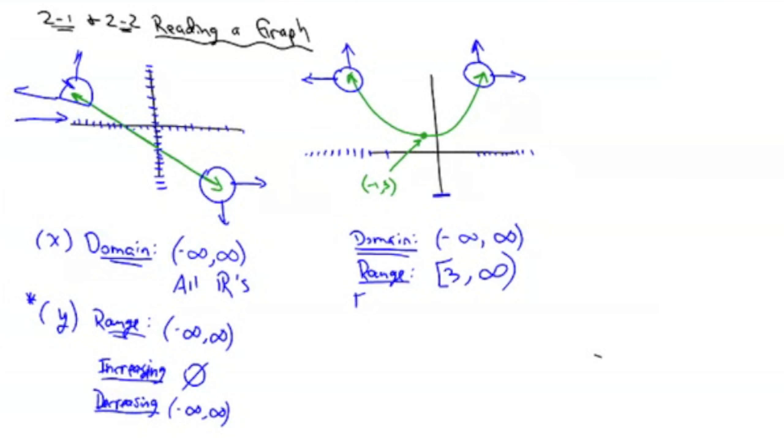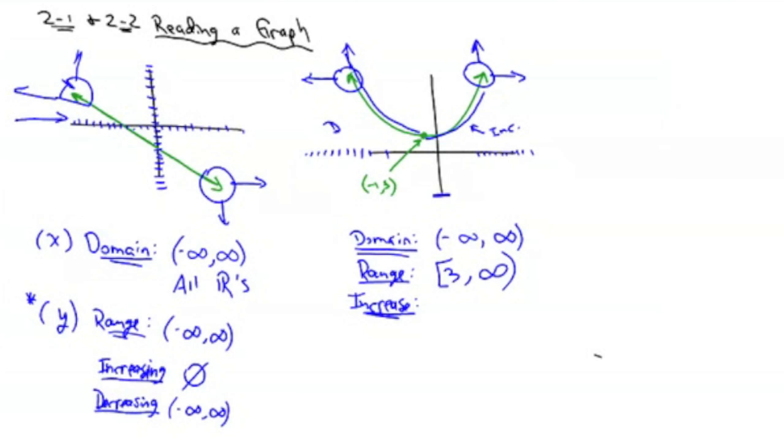All right, what about increasing? When is this graph going up as we move left to right? Well, on this part of the graph here, what are you doing? You're decreasing until you get to that point. Once you hit that point and you come this side, what are you doing? Increasing. So this side we're increasing.